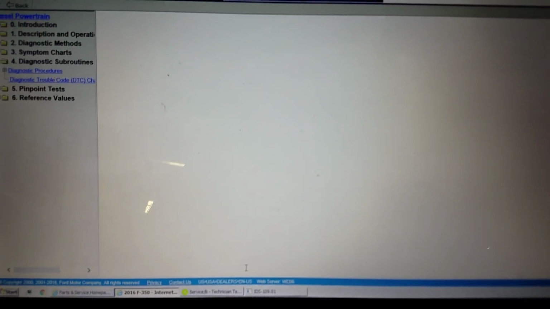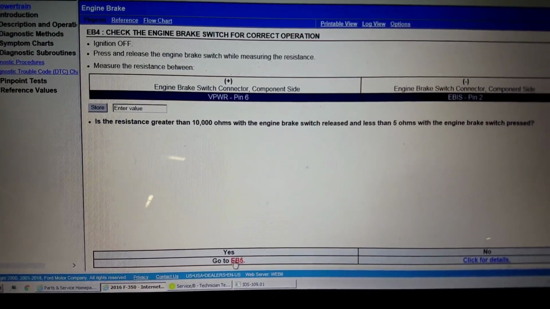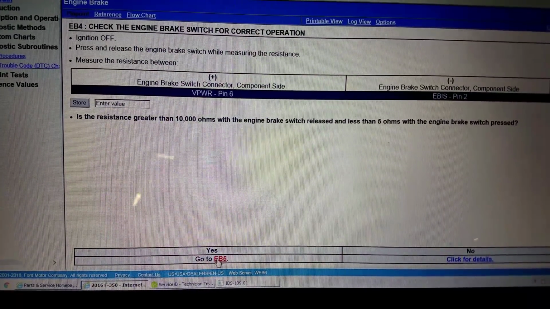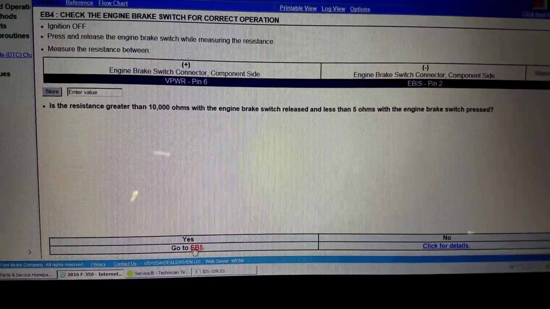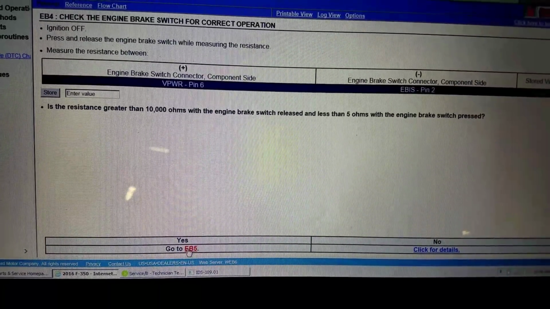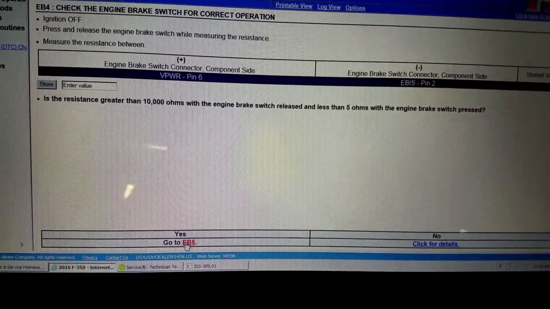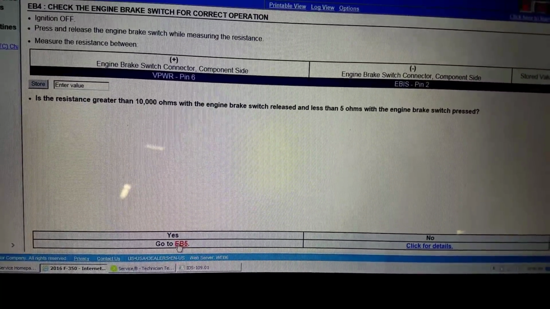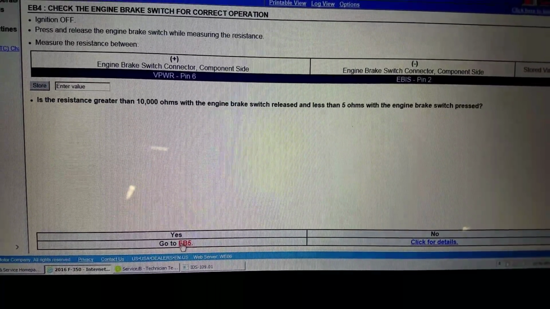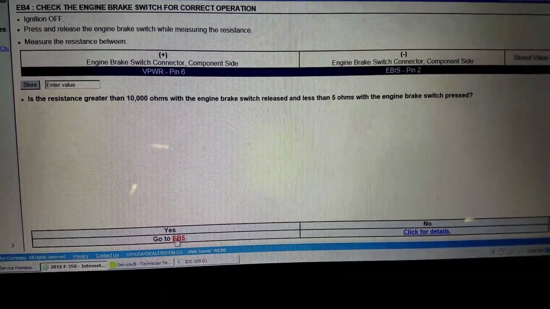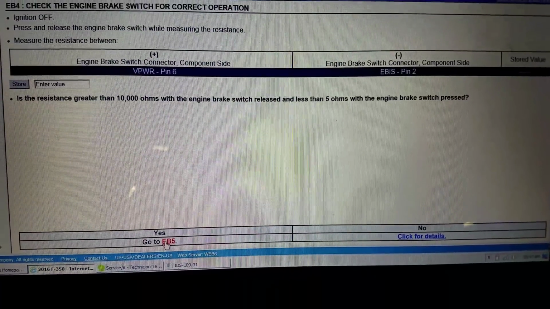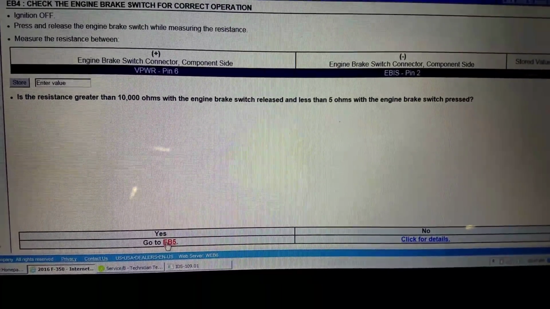Okay. So our next question is to measure the resistance of the component side. So we're going to take the switch out and measure between pins 2 and 6 and see if the switch is moving, or indicating that it is doing something.